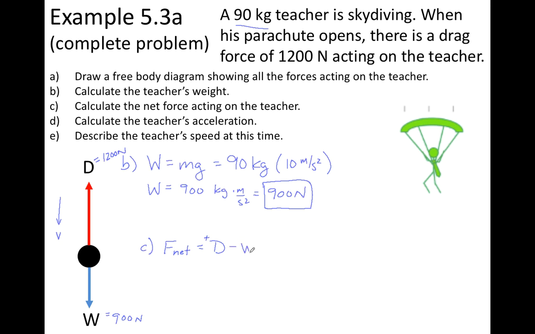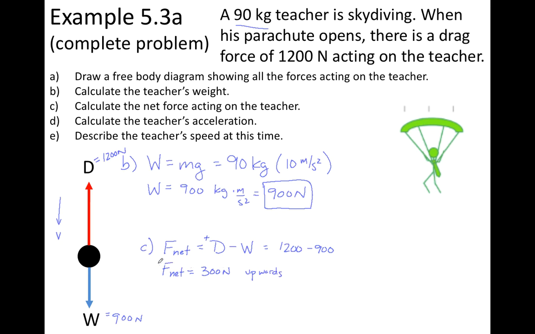And I have the weight force acting downwards, so I'm going to add a negative W to indicate that the direction of the weight force is down. So this will be the drag force, which is 1200 newtons, minus the weight, which is 900 newtons. And so the net force acting on the skydiving teacher is going to be 300 newtons upwards.